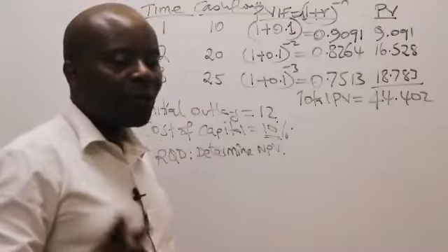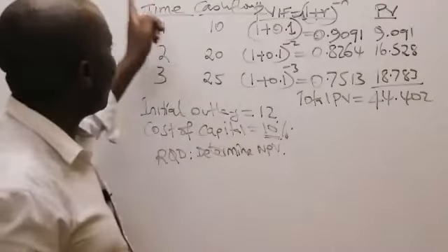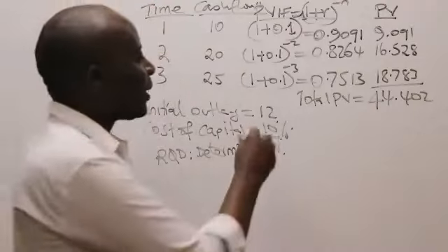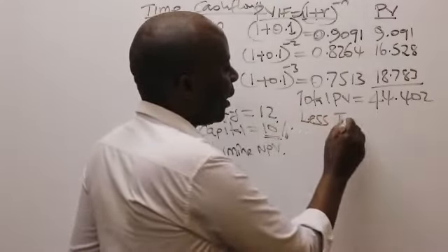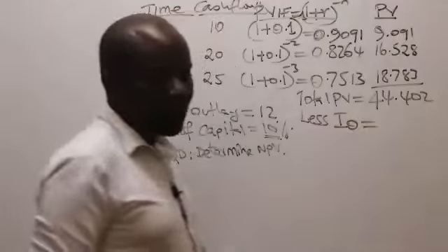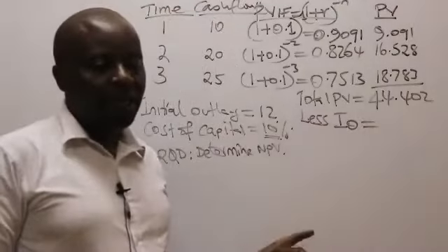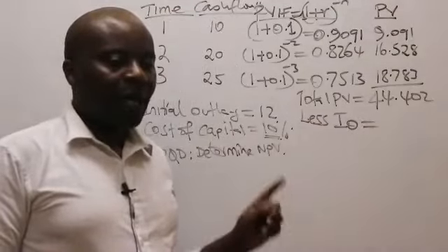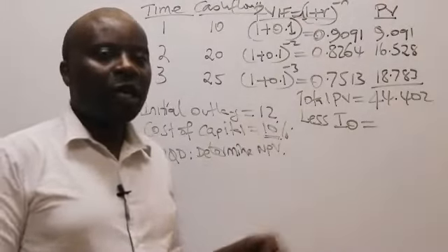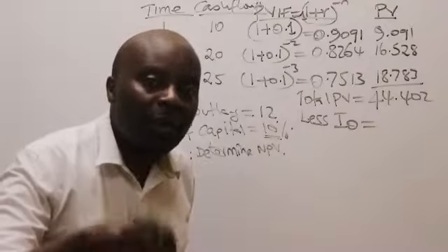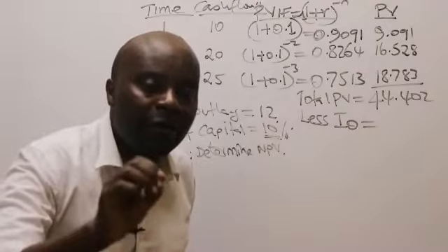Because they want us to calculate net present value, we must say here, less the initial outlay. IO stands for initial outlay. Initial outlay is the amount you incur at the beginning, your investment.